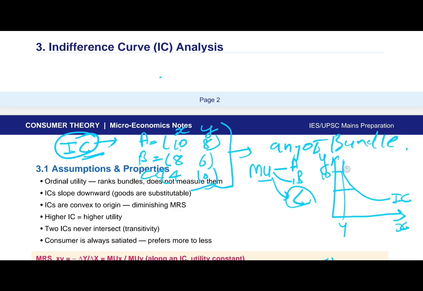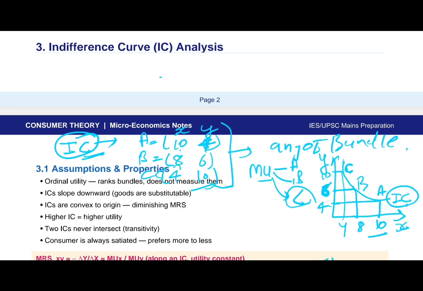And another, this is point C, with 8 units of commodity X and 6 of Y. Another is 4 and 10. So if we join the points A, B, C, we get the indifference curve, and all these combinations give me the same utility after consumption.